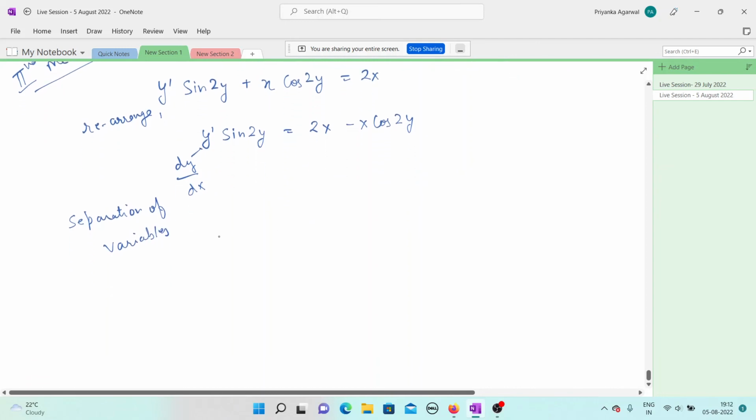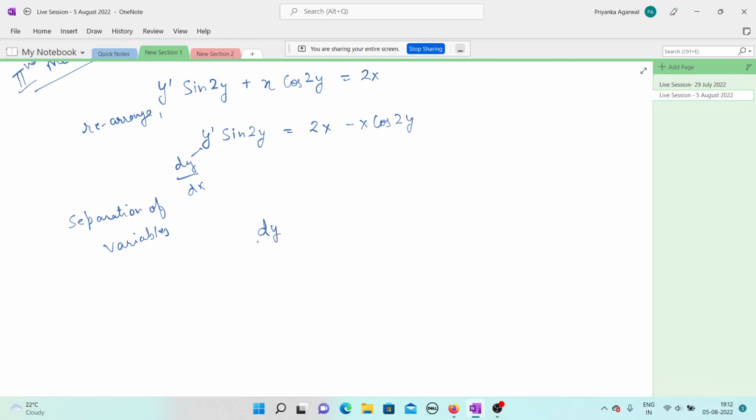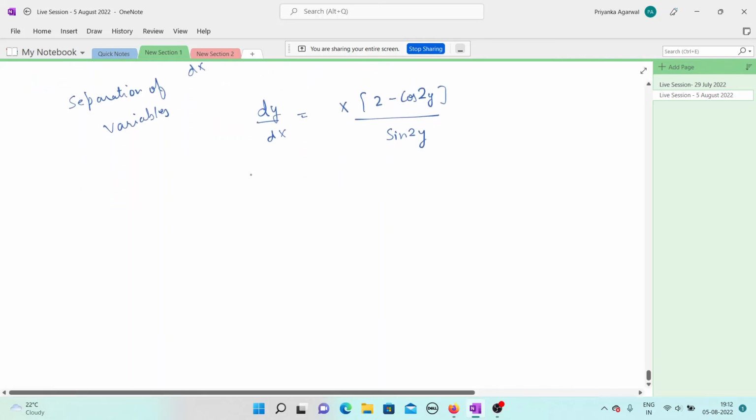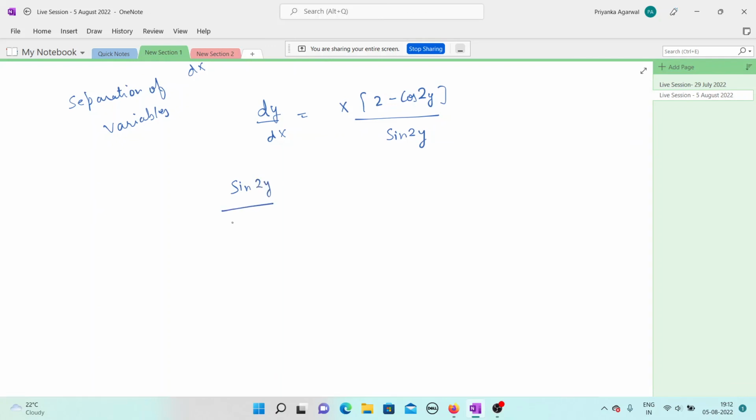Right? So if you use separation of variables, dy by dx will be, if you take x common, x times 1 minus cos 2y over sin 2y. So this will be sin 2y over 2 minus cos 2y dy equals x dx.